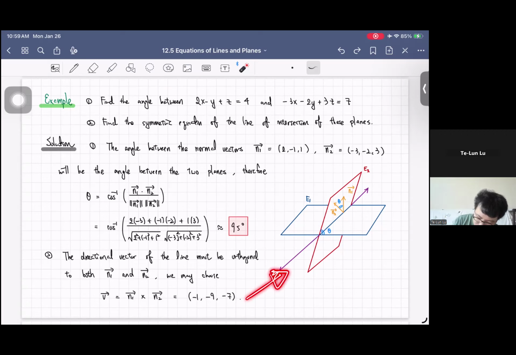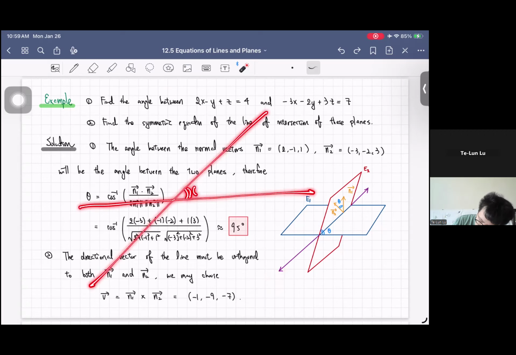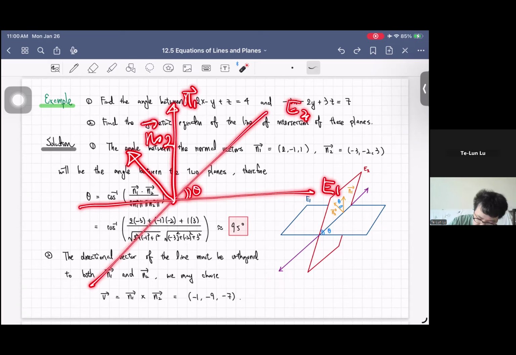If you put your eyes here, you can see that these are the two planes, theta, E1, E2. Now, if you draw the normal vectors, this is a normal vector for 2, and this is a normal vector for 1. You can see that these two angles should be the same because basically they're just a translation of this direction by 90 degrees, right?